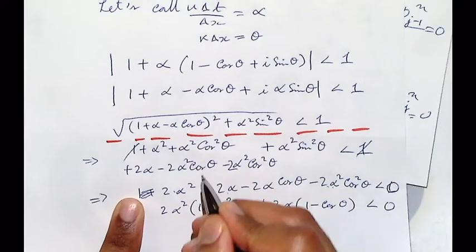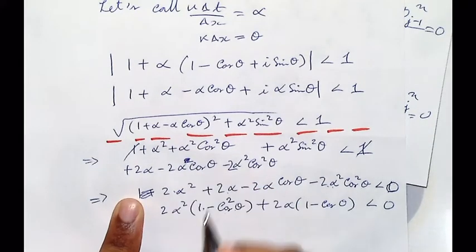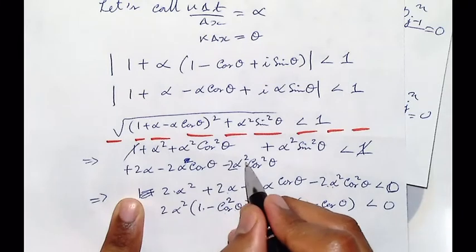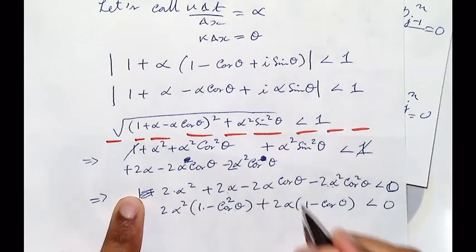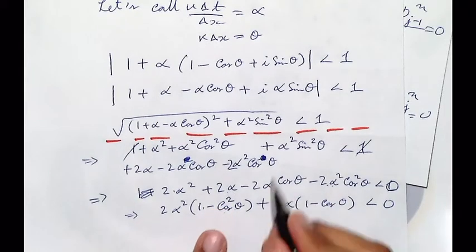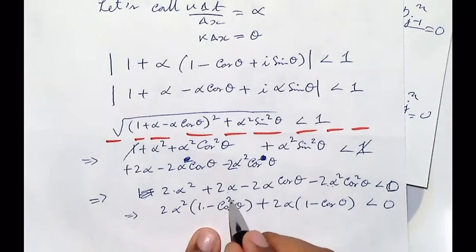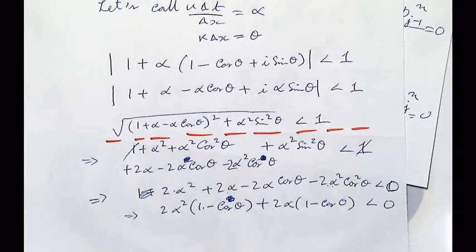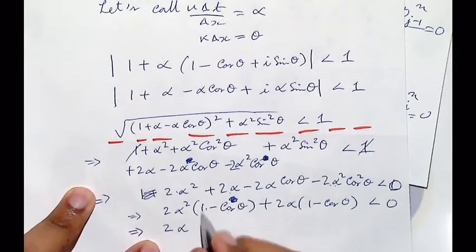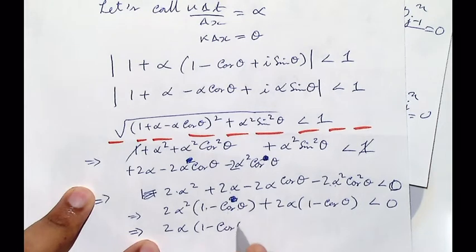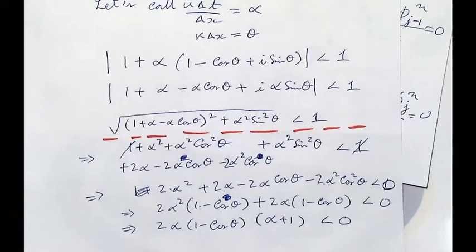The next term is 2 cosine. Oh yes, that's only one. Yes, you're right. So that was wrong. Yeah, perfect. Sorry. Okay, so this becomes 2 alpha times 1 minus cos theta and alpha plus 1. Alright, now it makes sense.